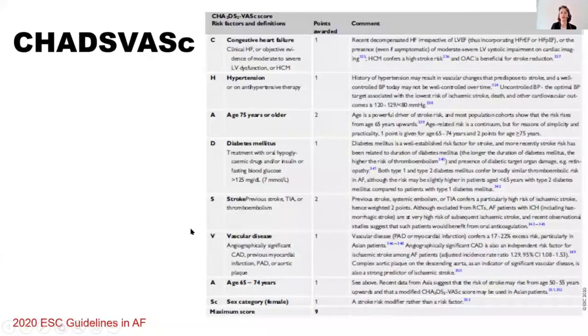And this is why the CHA2DS2-VASc score, now summarized in the ESC guidelines, considers the C as congestive heart failure based on symptoms and irrespective of ejection fraction. So ejection fraction is no longer a parameter to be considered in the CHA2DS2-VASc score.